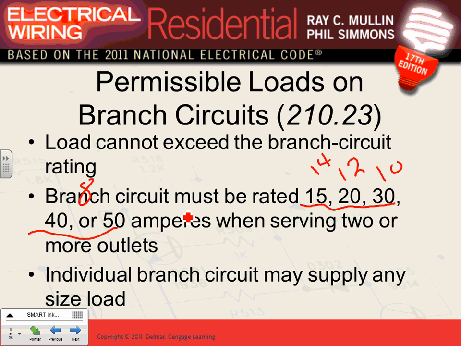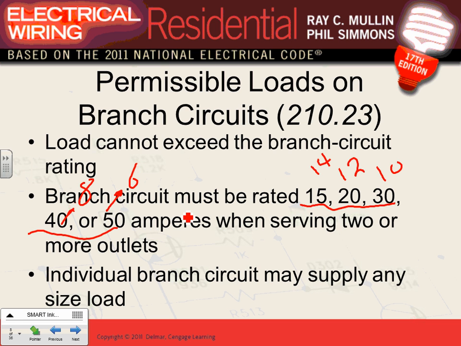These are the most common branch circuits. Any comments or questions, guys, about the most common branch circuits that we use? Number 8 is going to go with this guy, and then we go number 6 with 50 if you have a 50 amp circuit breaker on it.